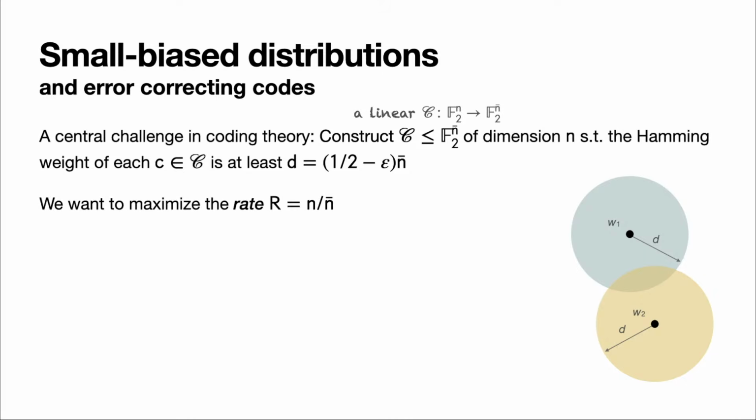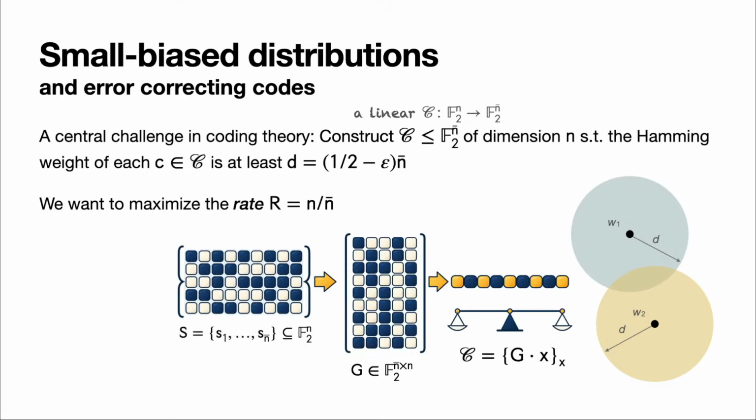Now I want to show you that it's basically almost the same thing as epsilon bias. Let's take an epsilon bias set S, which is a subset of F2 to the n. Say it has elements s1 up to s n bar. Just rotate it, and you'll get a matrix.